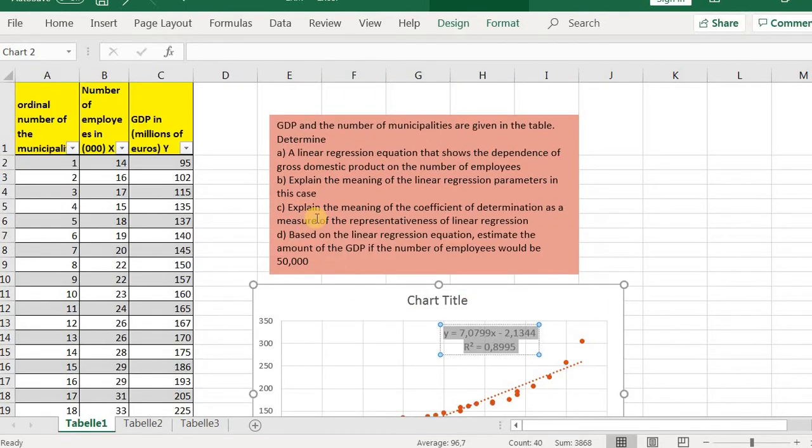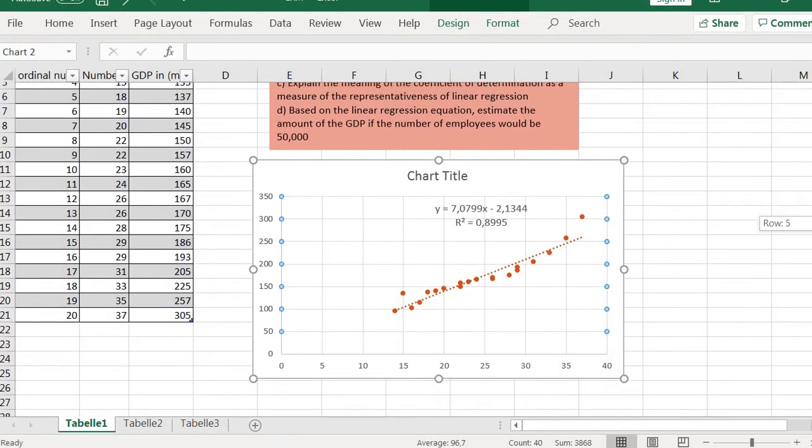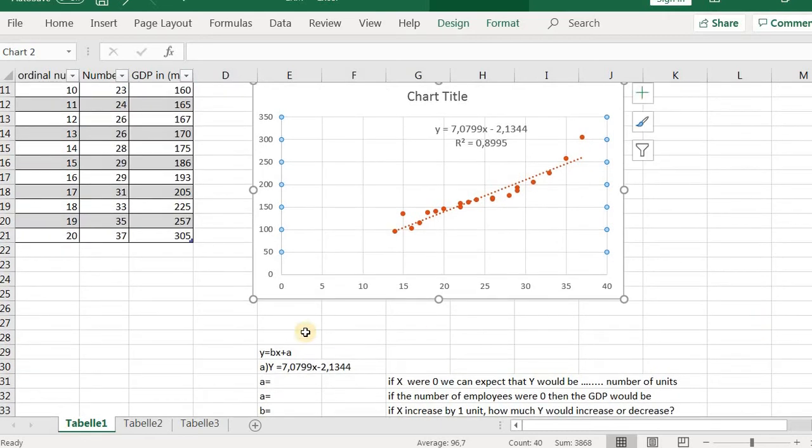Now we can go on to this part here, B. Explain the meaning of linear regression parameters in this case. First of all, now we have our linear regression equation, and you know in your books this is a linear regression equation, and if you put in our values, we can see that we have parameter A and parameter B. And in the books you have an explanation.